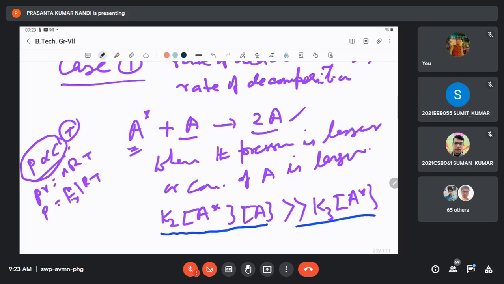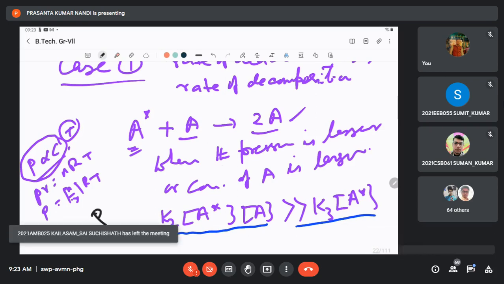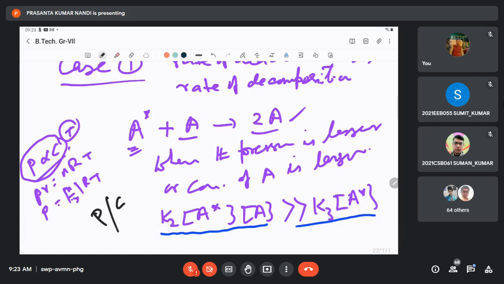This is very important. If the pressure of the reaction species in the vessel, if the pressure P is large or the concentration, whatever you can say, because we can write P and C like this, N by V, since at a given temperature P is proportional to C when T is kept constant.